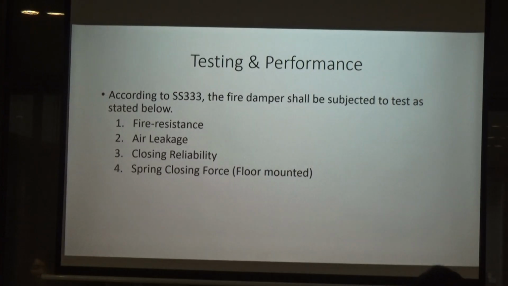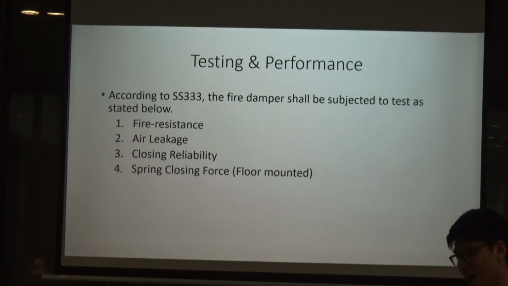There are 4 tests as stated in SS333. One is the fire resistance test: we go for a fire test under SS333, usually for 4 hours. The next is the air leakage test. Although a fire damper is not leakage rated, SS333 requires us to do the air leakage test, and we cannot exceed the criteria in the table.